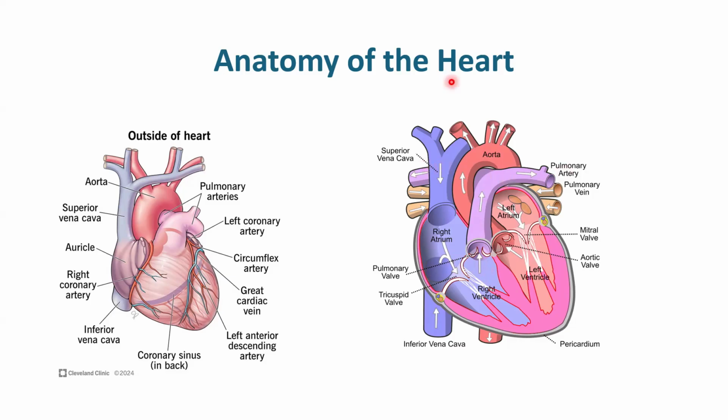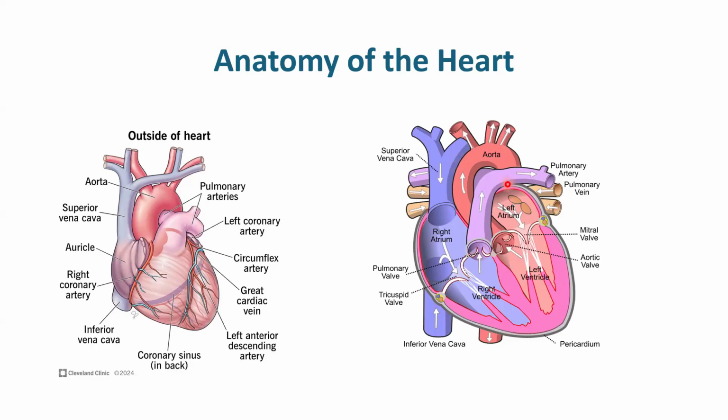The blood goes to the lungs, and from the lungs into the heart again using the pulmonary veins. In number, you can see 1, 2, 3, 4 pulmonary veins. They enter the left atrium, and from the left atrium blood goes into the left ventricle through the mitral valve, and then to the aorta and to the body.